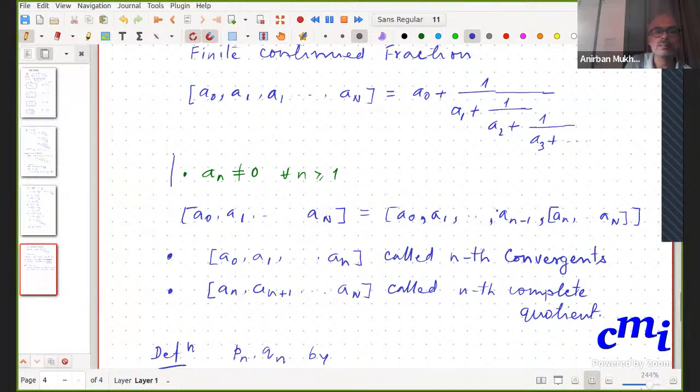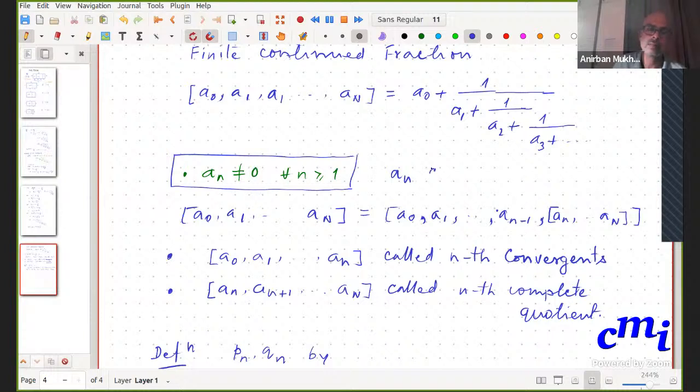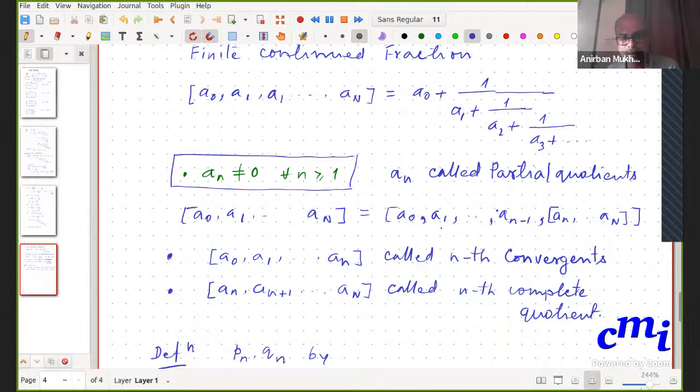Okay, so let's keep this assumption for the time being until we modify. The entries of the continued fraction are called partial quotients, and if we stop at the nth stage, it's called the nth convergent.